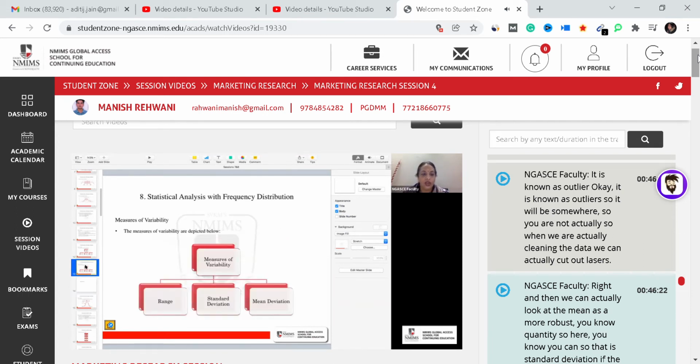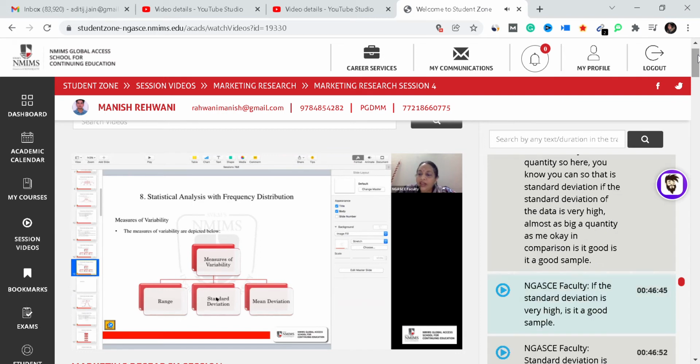So that is standard deviation. If the standard deviation of the data is very high, almost as big a quantity as the mean in comparison, is it a good sample? If the standard deviation is very high, is it a good sample?